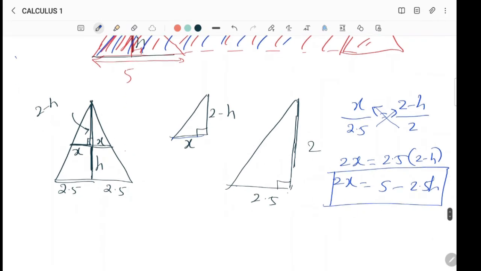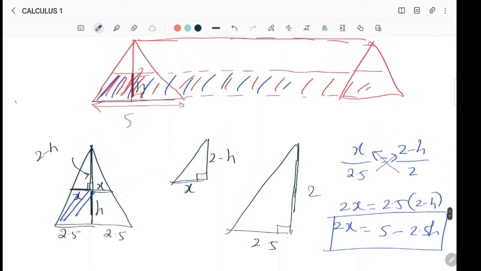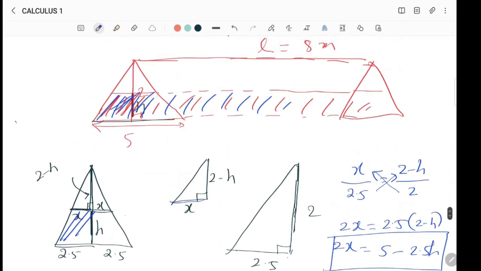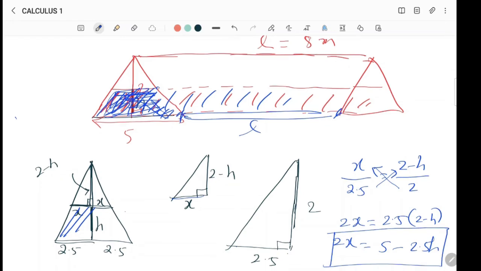So volume will be area. This will be our cross section. This one is called the cross section, and from here to here it is called the length.